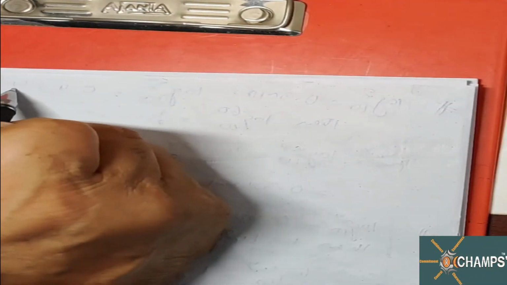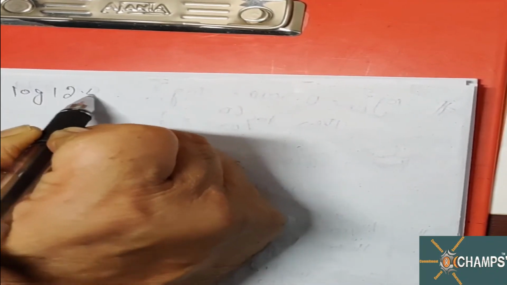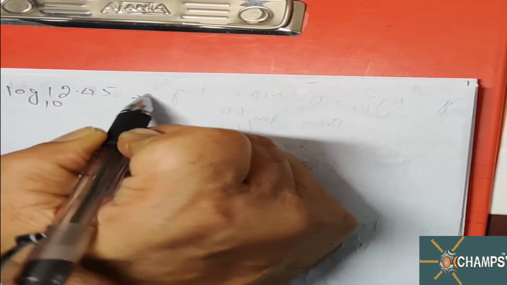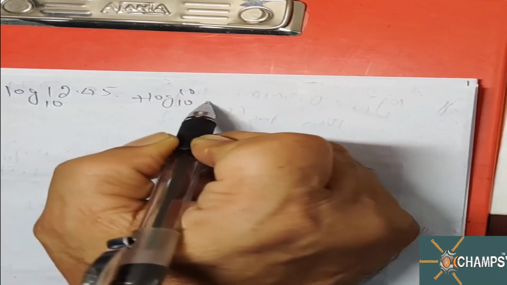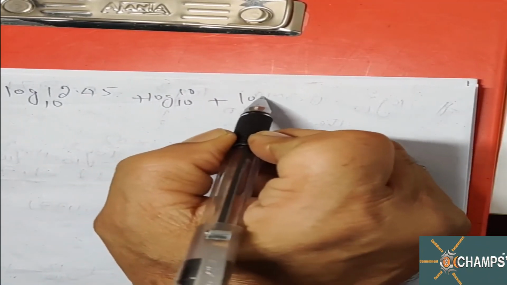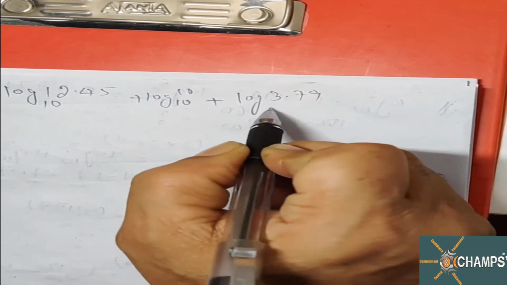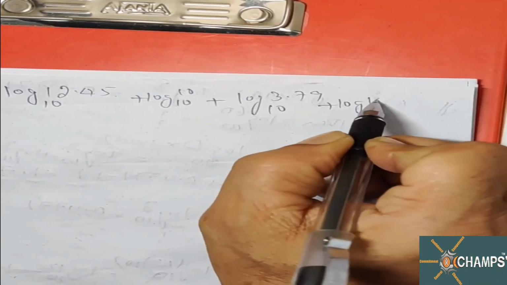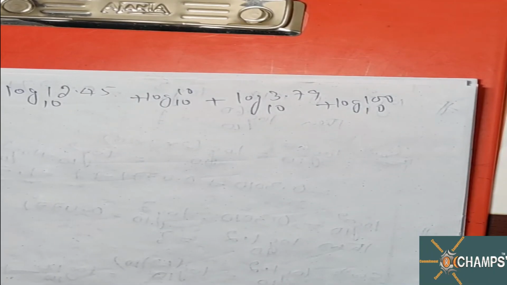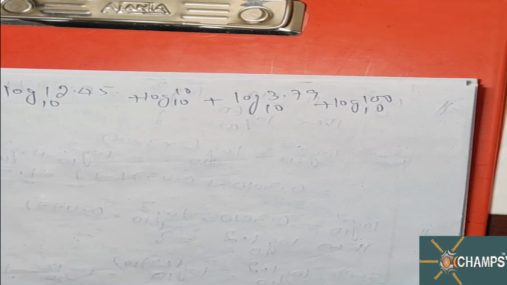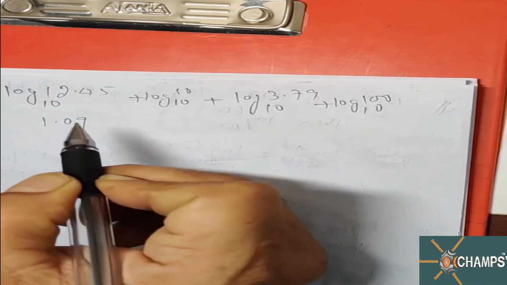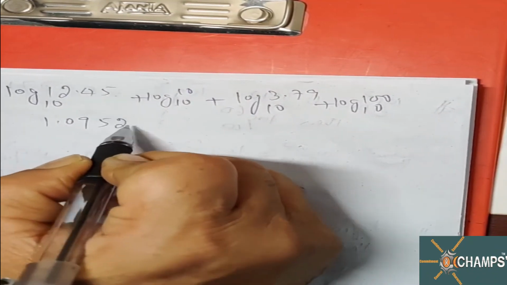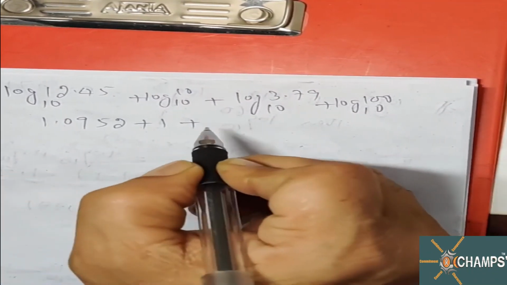Now inside the brackets the terms are of the type log AB. This can be written as log 12.45 to the base 10 plus log 10 to the base 10 plus log 3.79 to the base 10 plus log 100 to the base 10. Now log 12.45 value is given as 1.0952 plus log 10 to the base 10 is 1.